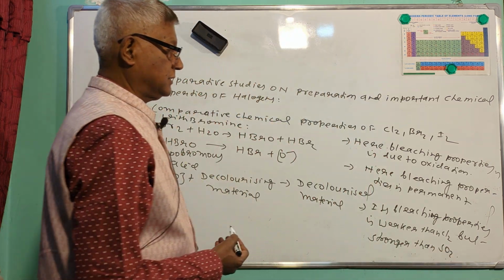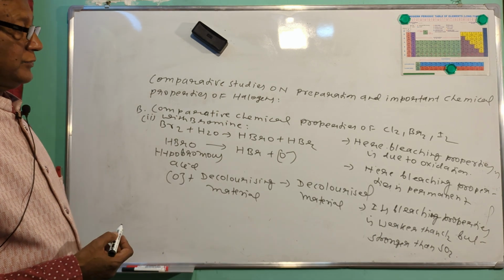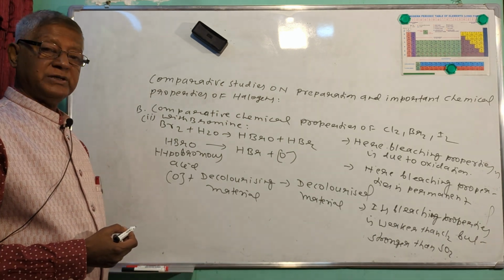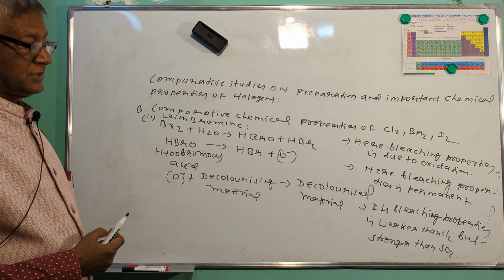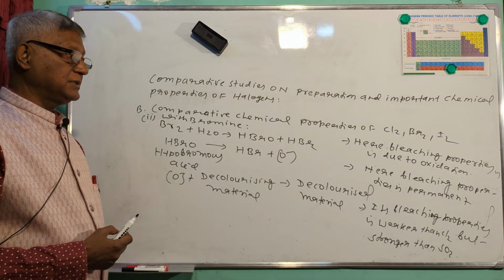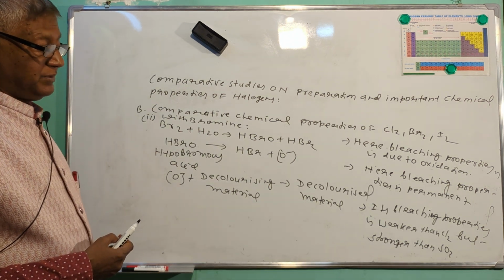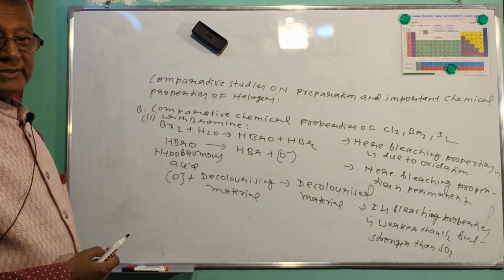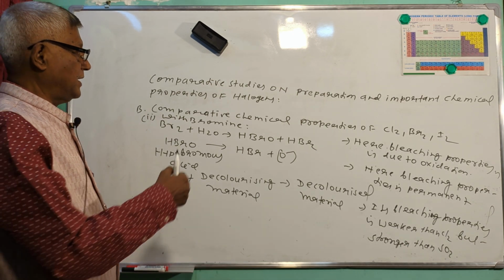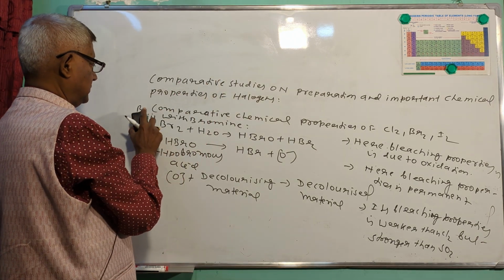These are the things we have to remember about the bleaching properties of bromine. Here the bleaching property is due to oxidation, it is permanent, and it is weaker than chlorine but stronger than SO2, sulfur dioxide gas.